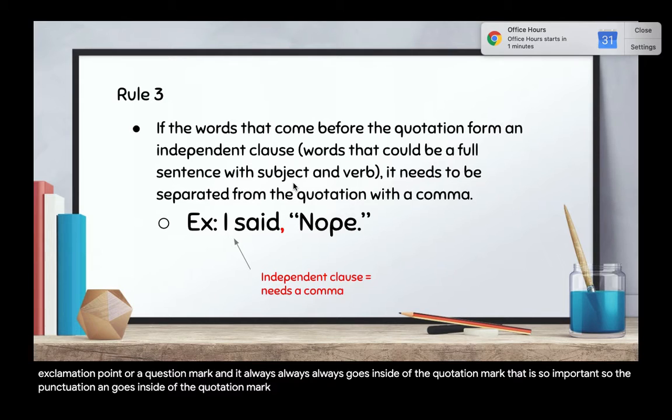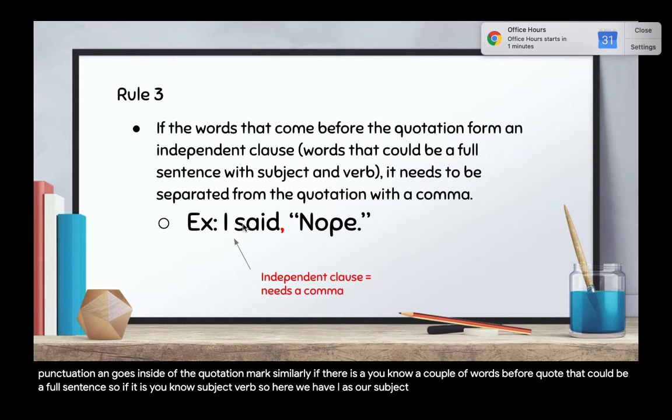So similarly, if there is a couple of words before a quote that could be a full sentence, so if it is subject, verb. So here we have I as our subject and said as our verb. So that's subject verb.